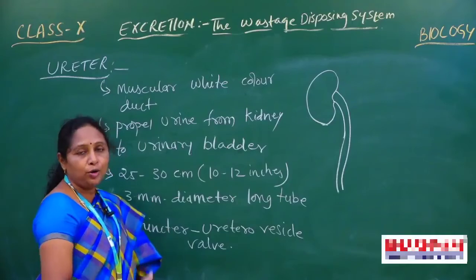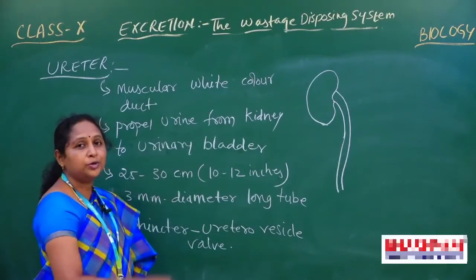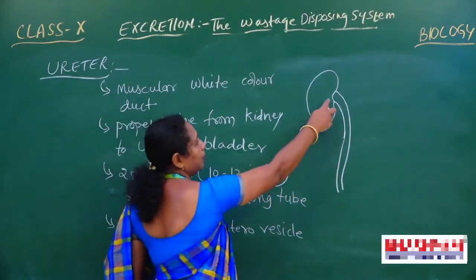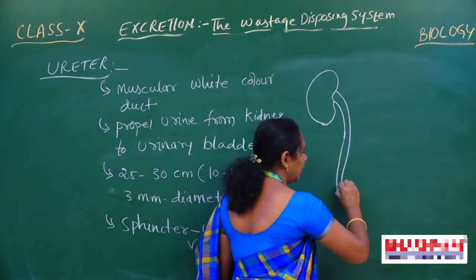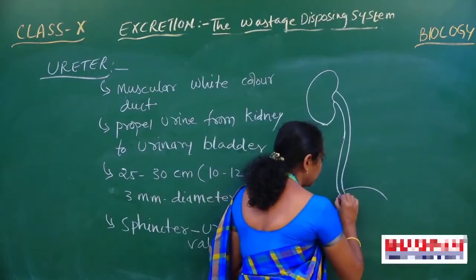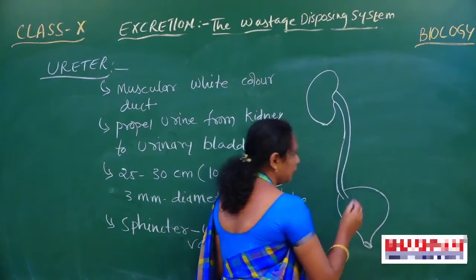It's so narrow. It's a muscular part, white in color, a narrow tube-like structure, a muscular duct which originates from the pelvis part of the kidney, and next it opens into the urinary bladder. Have you understood?